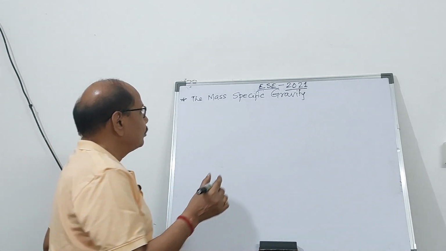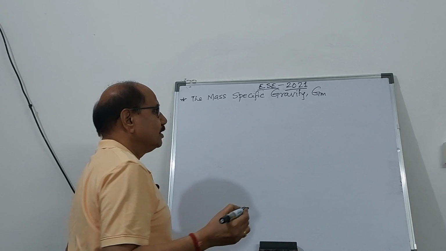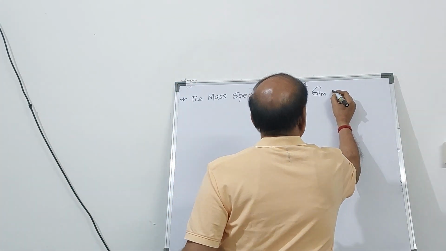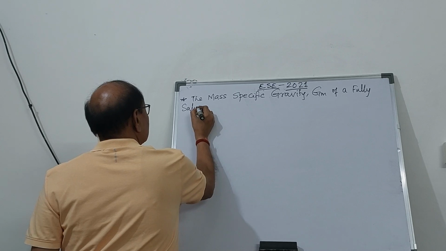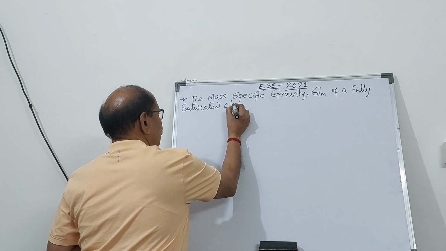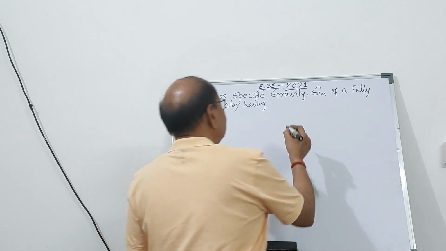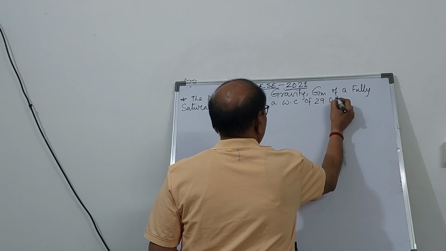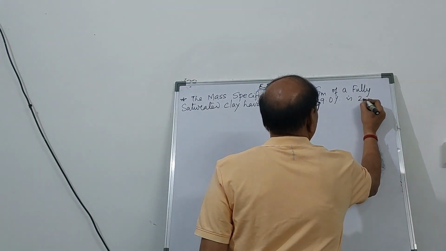Normally the symbol for mass specific gravity is G_m. The mass specific gravity of a fully saturated clay having a water content of 29% is 2.0.